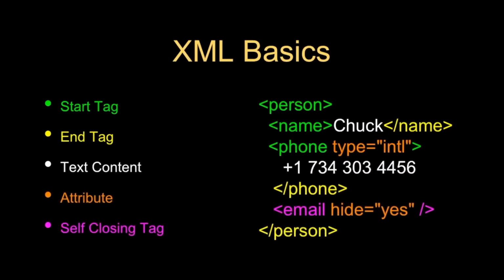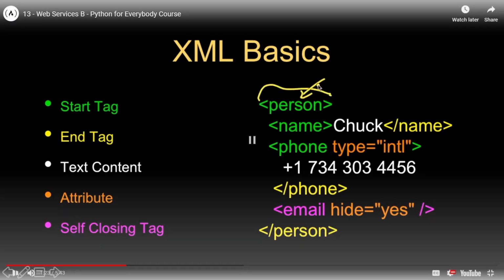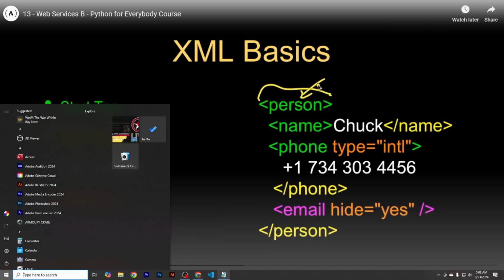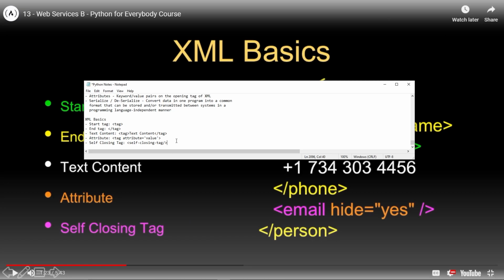Let's go. Some basic XML, so we can take a look at the various things that make up XML. It's very much like HTML in that we have tags, less than, greater than. The difference is we get to name the tags anything we want, rather than the eight. Unlike HTML, we can call the tags anything we want.